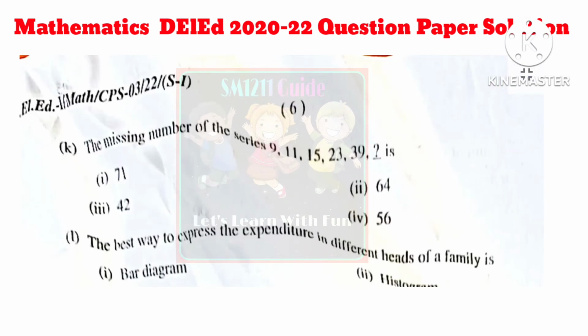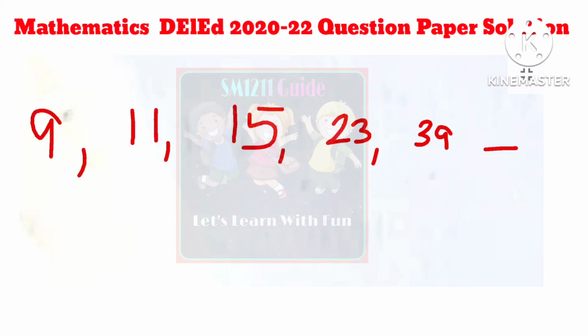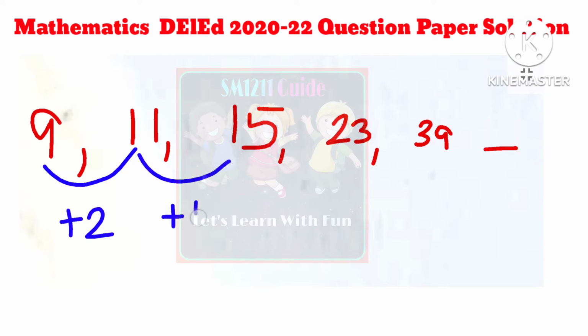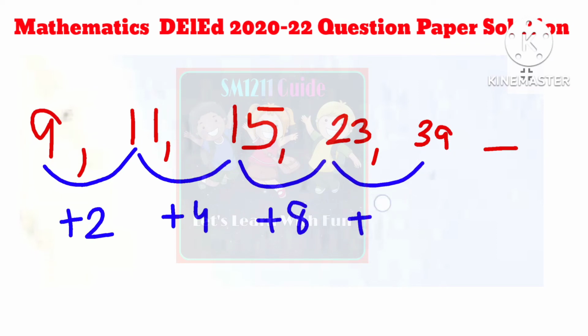Here you are asked to find the missing number of the given series. Let us find it out. If we find the gap between the numbers, here we have plus 2, here plus 4, here plus 8, that is 15 plus 8 is 23, here plus 16.